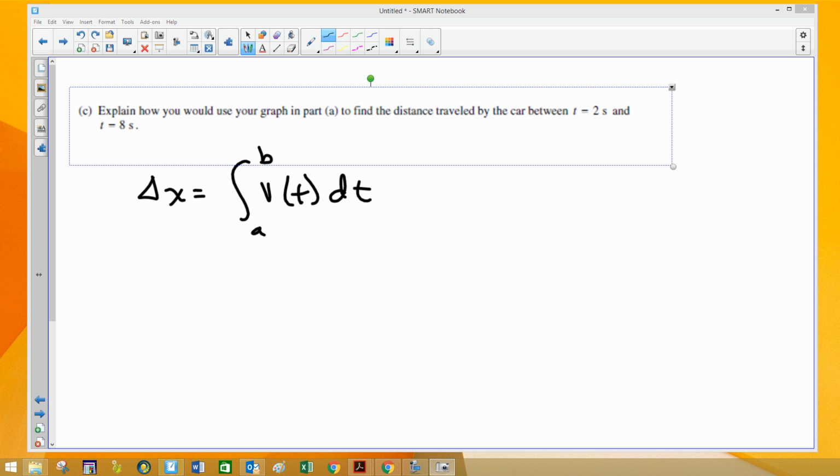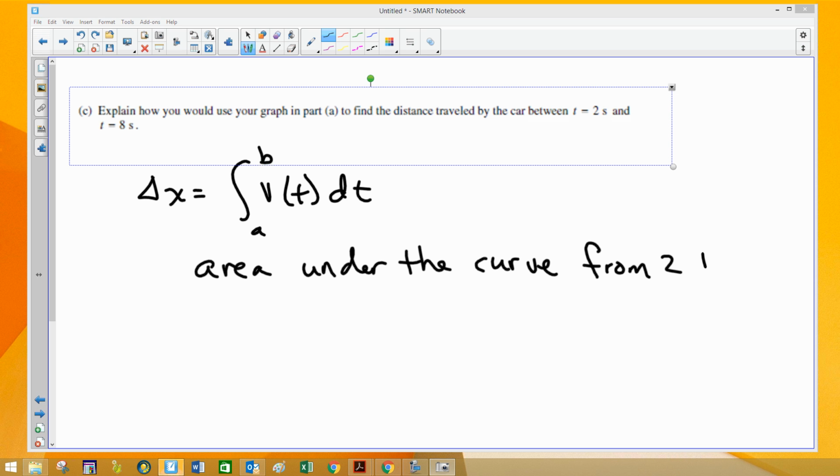So that means that we are finding the area under the curve, and you had to specify from 2 to 8 seconds.